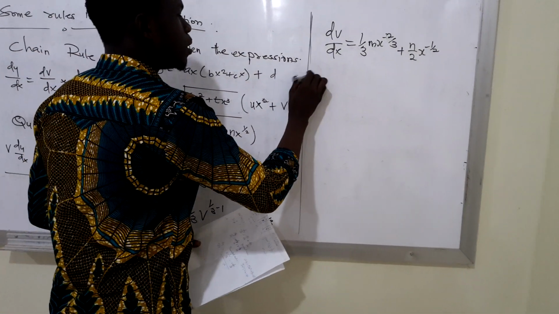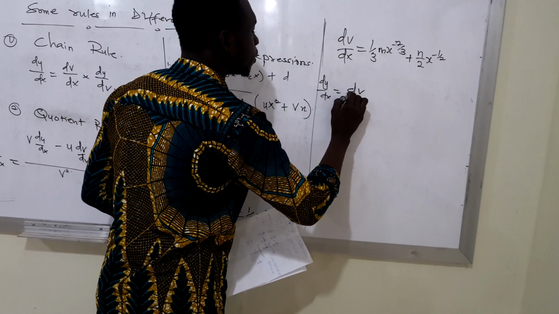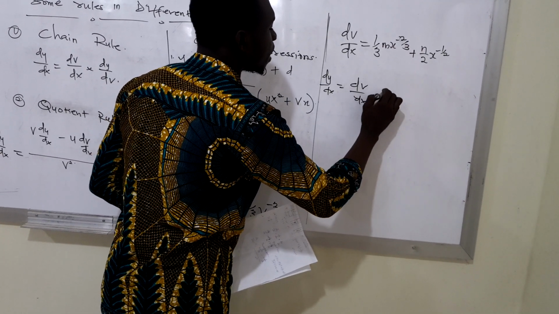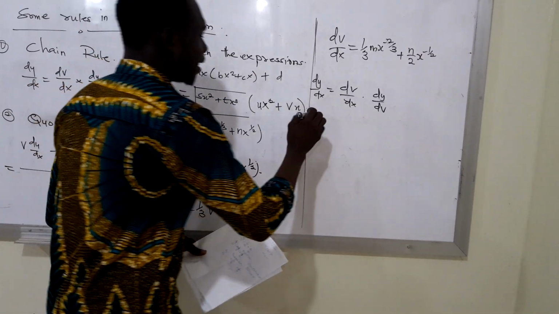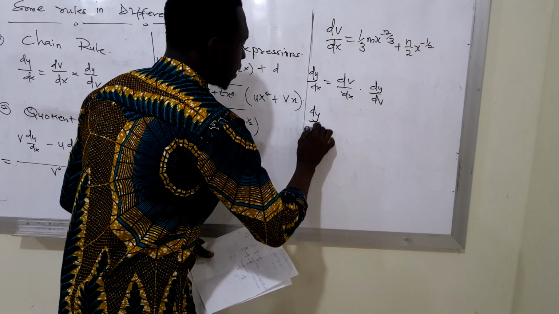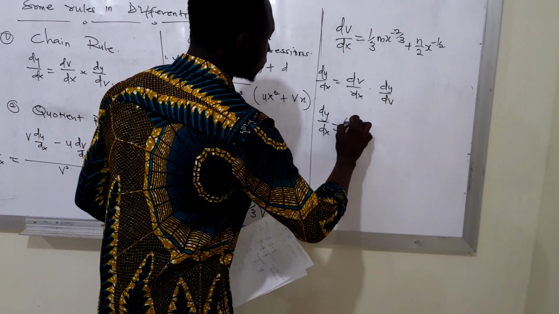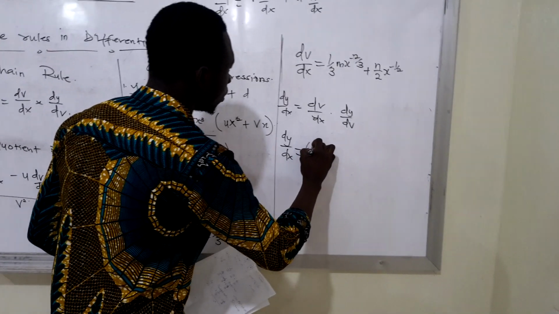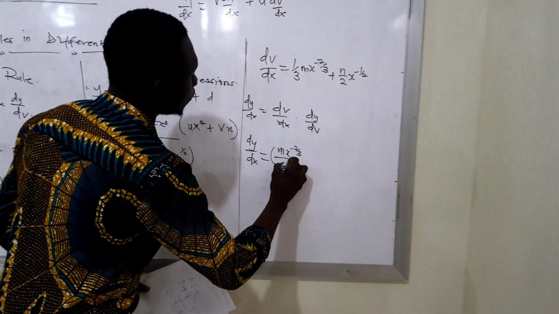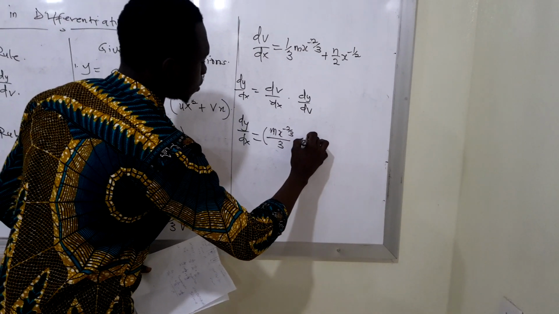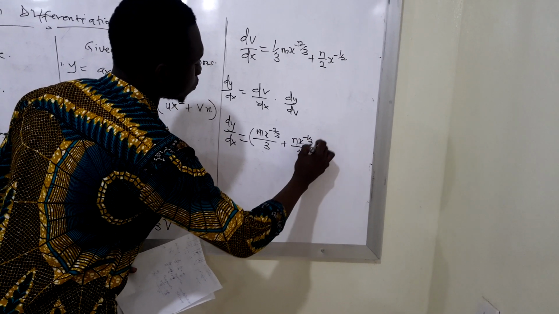Now finally, our dy/dx is equal to dv/dx multiplied by dy/dv. That is dy/dx is equal to, now our dv/dx is this one. So we put it in the bracket: 1/3 m x exponent minus 2/3 all over 3 plus n x negative 1/2 all over 2.